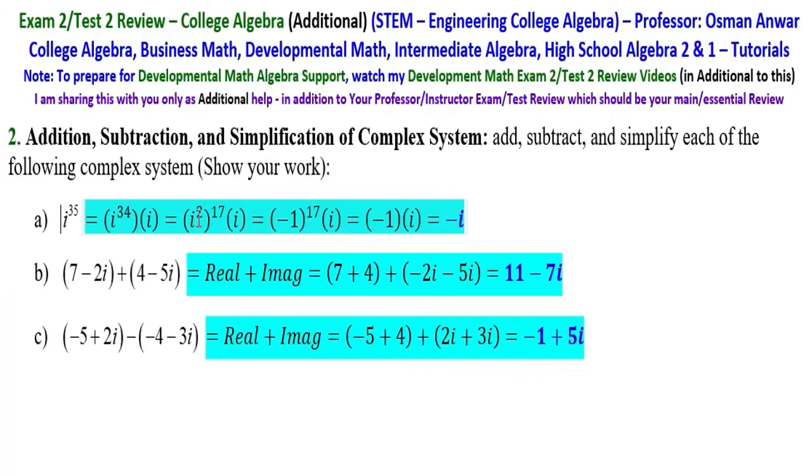But i squared is minus 1, so this is equal to minus 1 to the 17 times i. Minus 1 to the 17 is minus 1. Minus 1 times i is minus i.